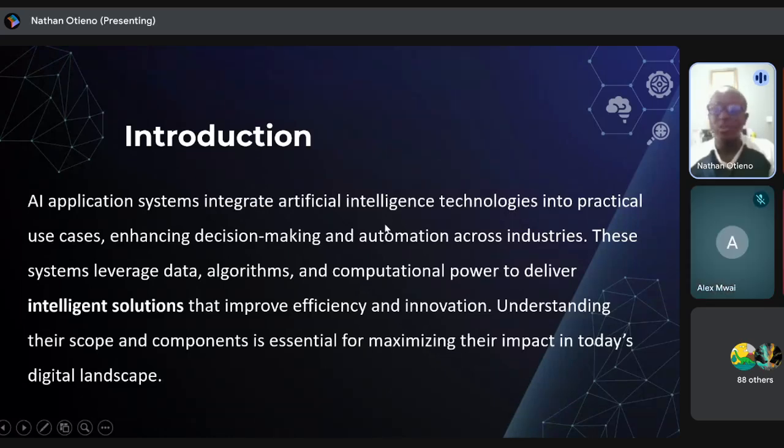These systems leverage data, algorithms, and computational power to deliver intelligent solutions that improve efficiency and innovation. Understanding their scope and components is essential for maximizing their impact in today's digital landscape.